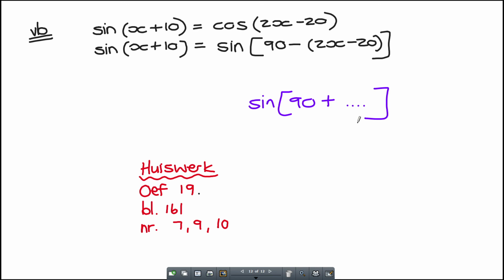Now, because it's 90, I know it will change to cos. 90 plus is in the second quadrant. En wat is sin daar? Ook positief. Jy gaan sien soos wat jou goedjies verder aan vereenvoudig, gaan op dieselfde antwoord uitkom. So moenie worry as jy nou plus gehad het.